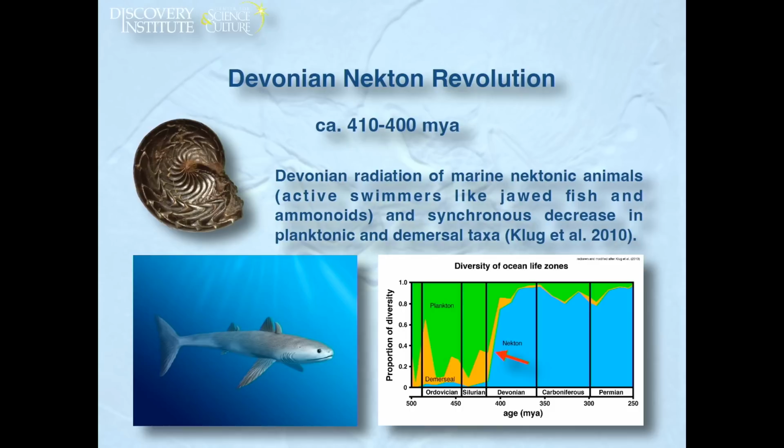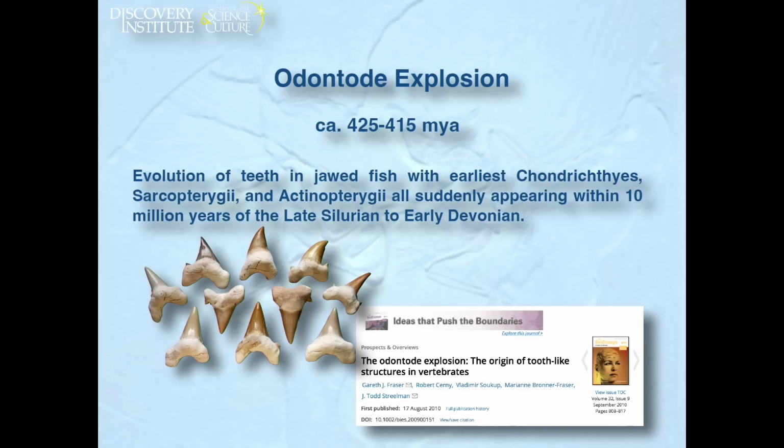Before this event, everything was living on the ground or planktonic. Afterwards, most of the biodiversity were active swimmers. And this happened within 5 to 10 million years. Totally reversed biosystems. Where did the information come from to make this change? And correlated with this is the so-called odontode explosion.